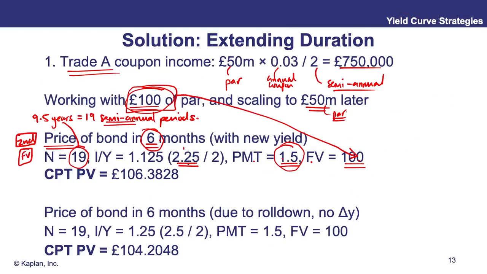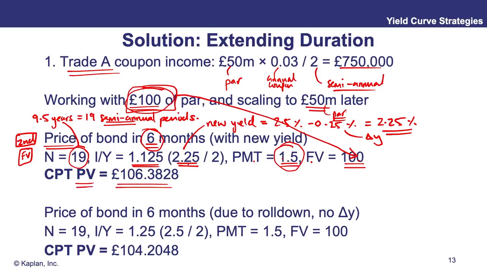So take that 2.25, that's the new yield of the bond, the original yield of 2.5% minus the 0.25 delta y. Okay, that's the annual yield. You need to divide that by 2 to get to the true periodic semi-annual rate of return of the bond. So that's where we get this 1.125 from. So there you go, 19 semi-annual periods left, 1.125 periodic yield, 1.5 periodic income, and 100 par. You can compute PV there to get 106.3828.